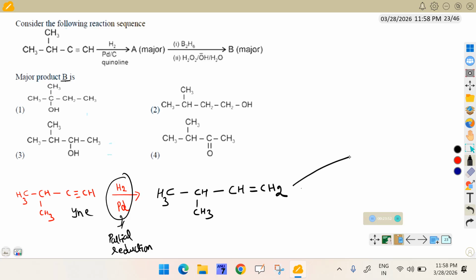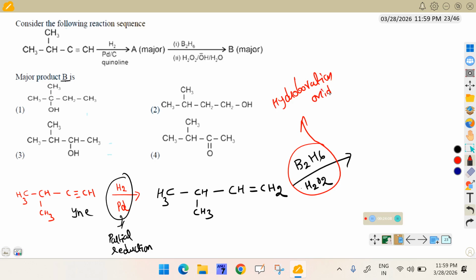Now it reacts with B2H6, H2O2. Process is hydroboration oxidation. It follows anti-Markovnikov's rule. Add water molecule to the given alkene.